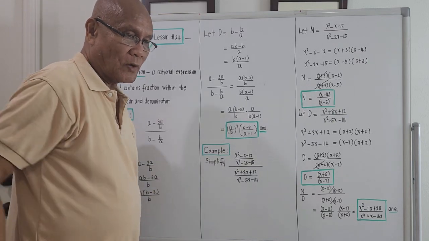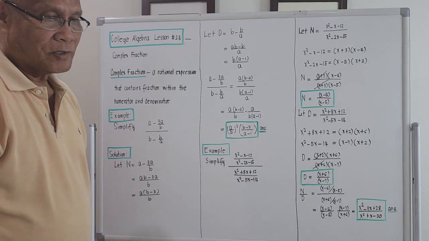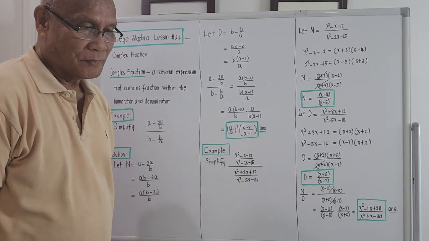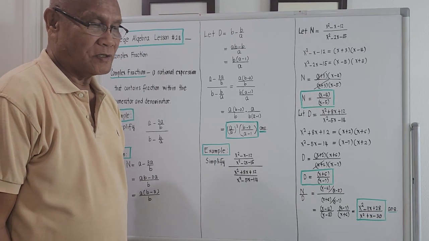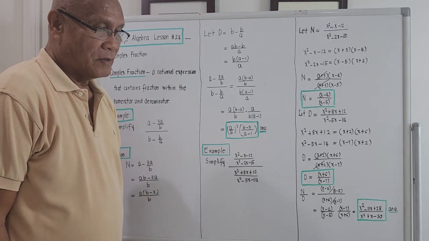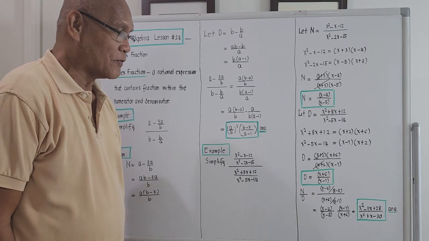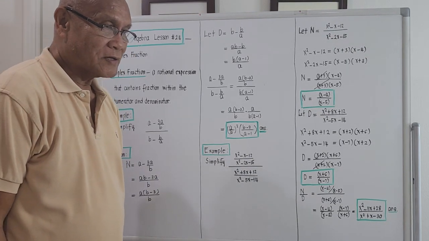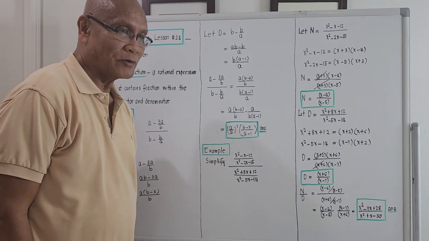What is a complex fraction? A complex fraction is actually a rational expression. Or in layman's language, a rational expression is still a fraction. So a complex fraction is a fraction that has a fraction in both the numerator and denominator.